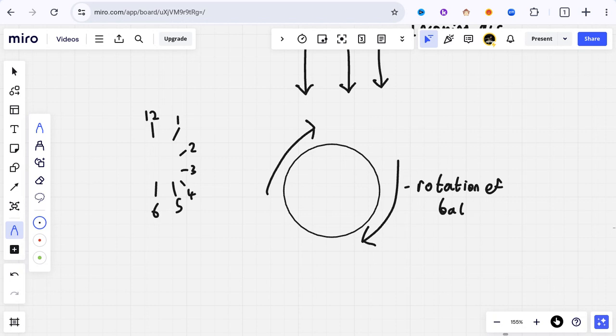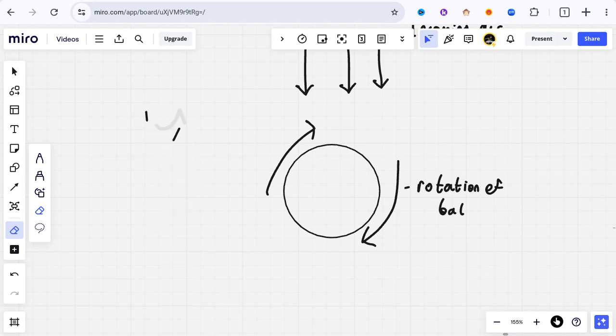You can see here that the rotation of this ball is the same as the rotation of our hand would move in a clock. So that's why we call it clockwise rotation. Anti-clockwise would be the exact opposite. Go from 12 to 11 to 10 to 9 to 8.